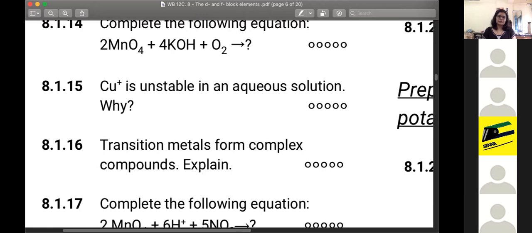Yeah, this does result in a disproportionation reaction. Yes. But Aryan, are you talking about the 14th or 15th question? 15. Oh no, 15th. Yeah, that's not related to disproportionation.